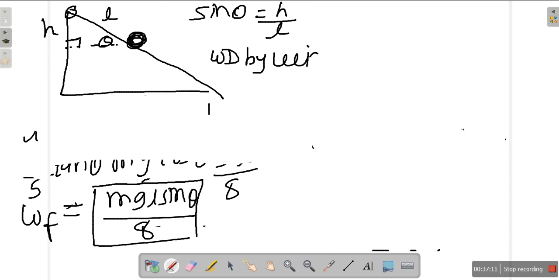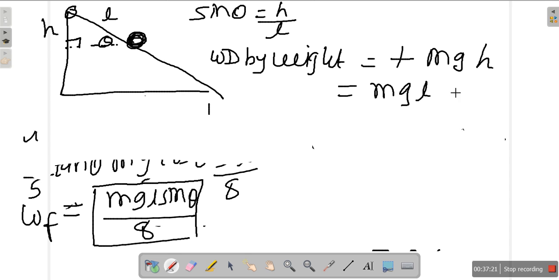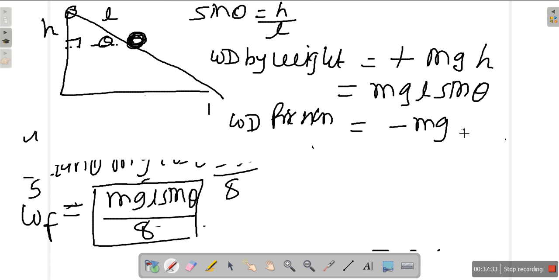You remember the work energy principle. Work done by weight is positive when it is coming down. It is plus mgh, that is mgL sine theta. What is the work done by friction? You know work done by friction is always negative because it is opposing the motion.